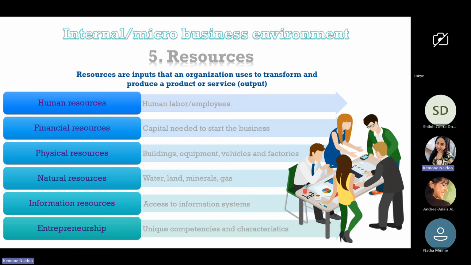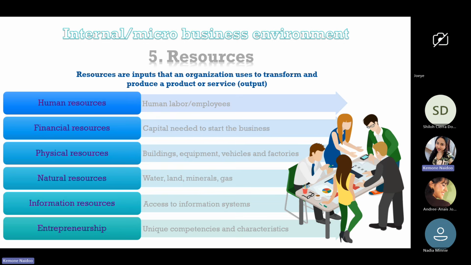This is things like our capital, physical resources, the equipment that we need to use, vehicles, machinery. Natural resources refers to water, the land. A lot of manufacturing businesses use water as one of the resources to get their machines running. So that could be a very important resource.